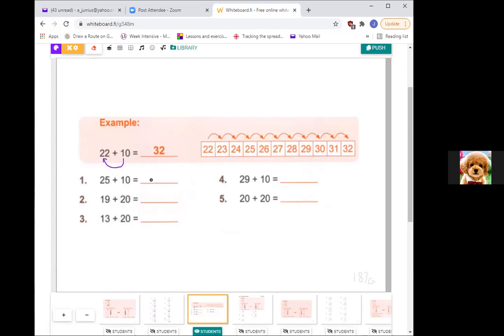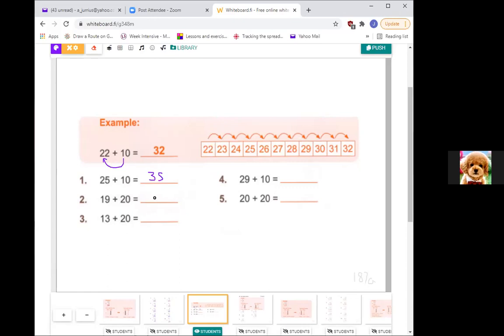So, Maxim, can you do the first one? 25 plus 10? Okay. What do you get when you add 25 plus 10? 35. Very nice, 35. Giselle, can you do number 2?